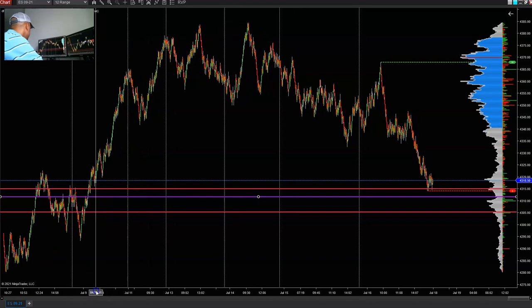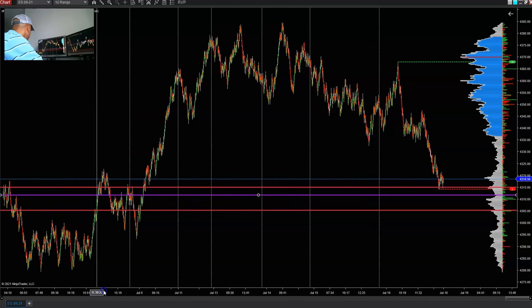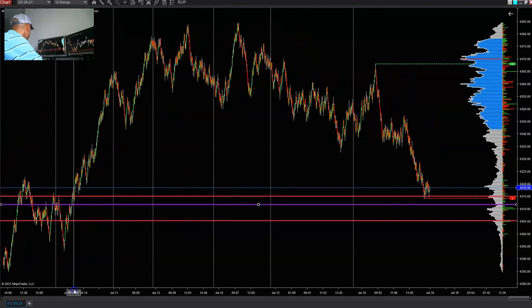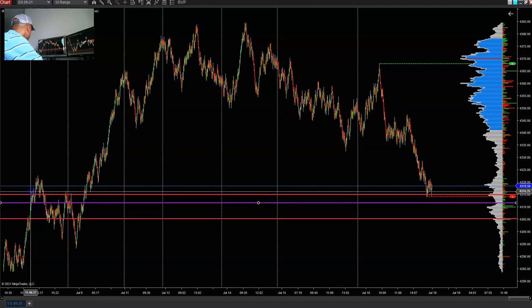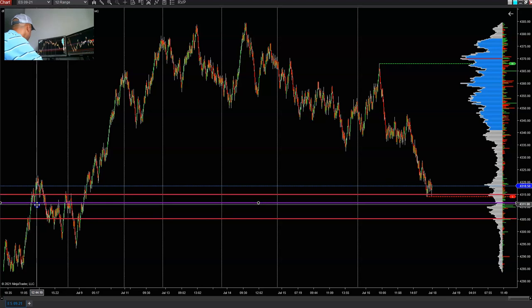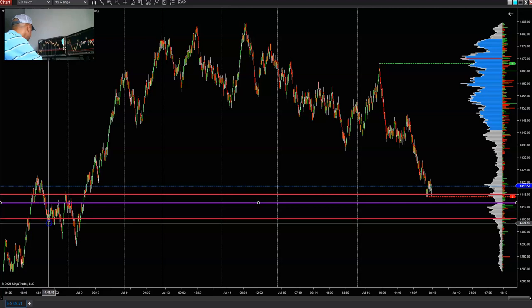That level is this level right here from July the 8th, also the small little swing level to the downside. This level took out this swing level right here that was made to the upside: pushed up, pulled back, and pushed higher. That swing level to the upside was taken out by this level to the downside.